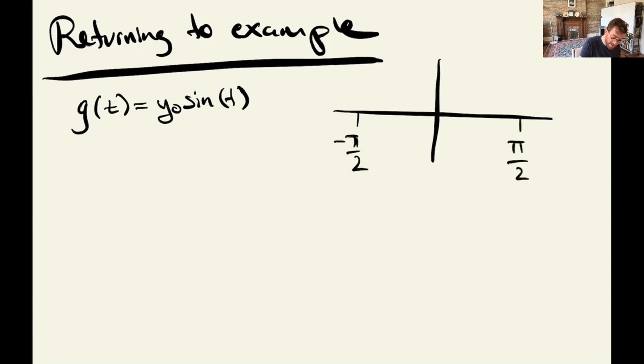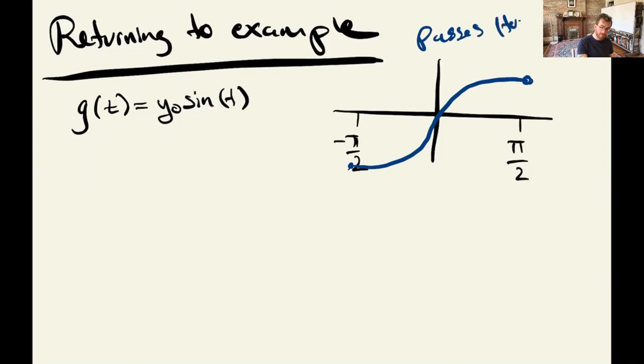And so if we do that, you think about what the graph looks like here. We see this is a function that does actually pass this horizontal line test. So we can actually find the distribution on y just by sort of pushing forward the distribution on x.